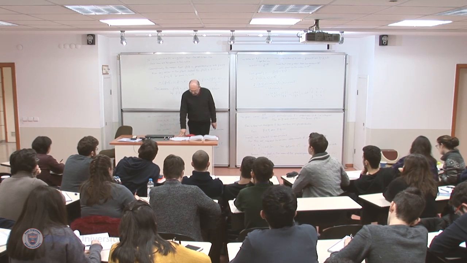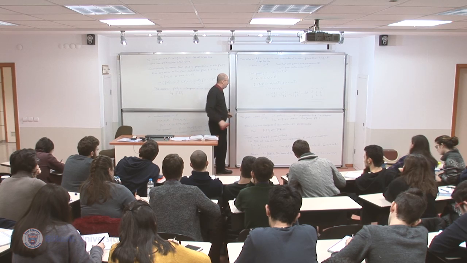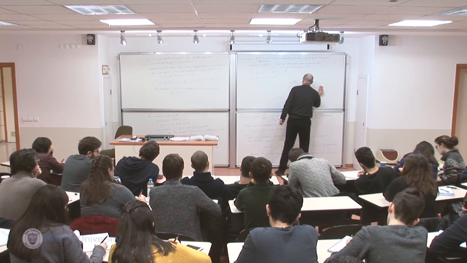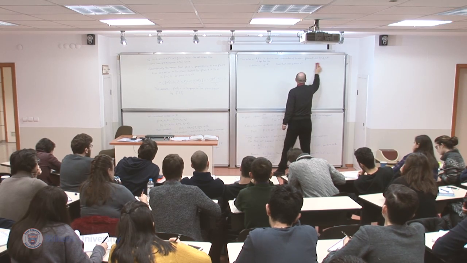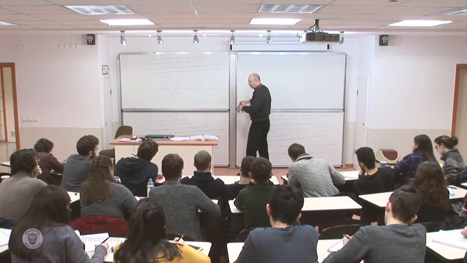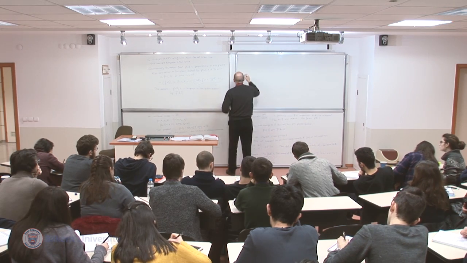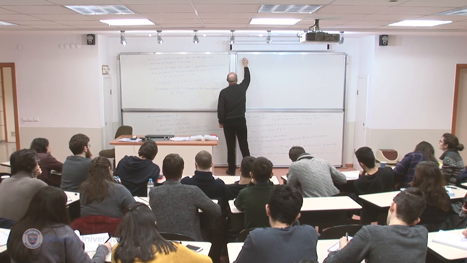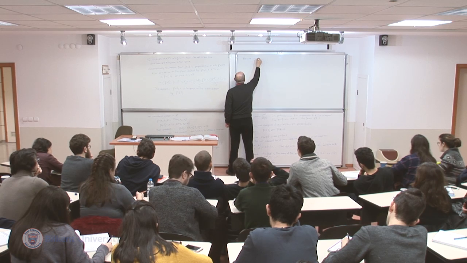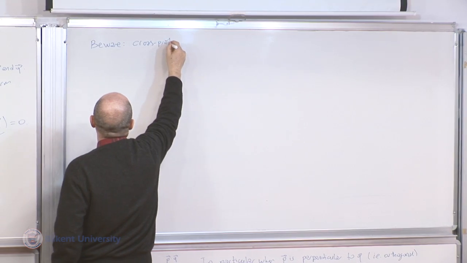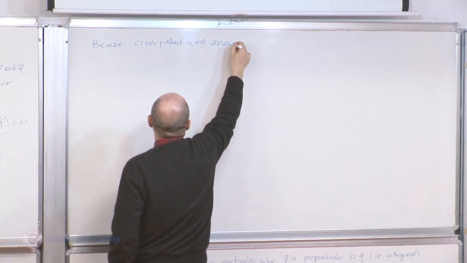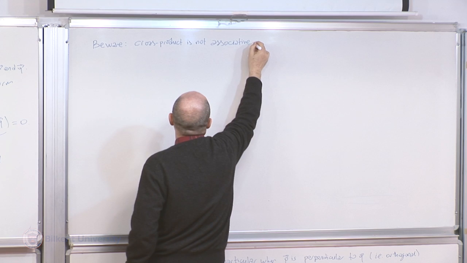Okay, so let's see what other properties there are. One nice property is the following. When you take 3 vectors and you take their cross product, beware, the cross product is not associative. So what does that mean?